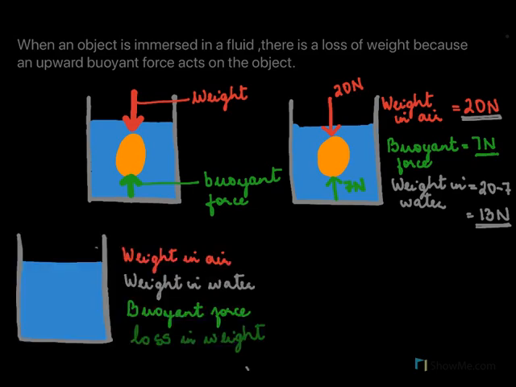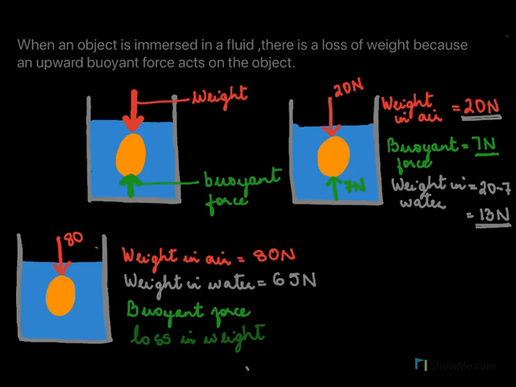Let's take up another example to understand this concept. So again, I have a body in the liquid, and now the weight of this body, say, is 80 newtons. And when this body is placed in water, it's going to lose its weight. So let the weight in water be 65 newtons. So what is the loss of weight? 80 newtons in air, 65 newtons in water.